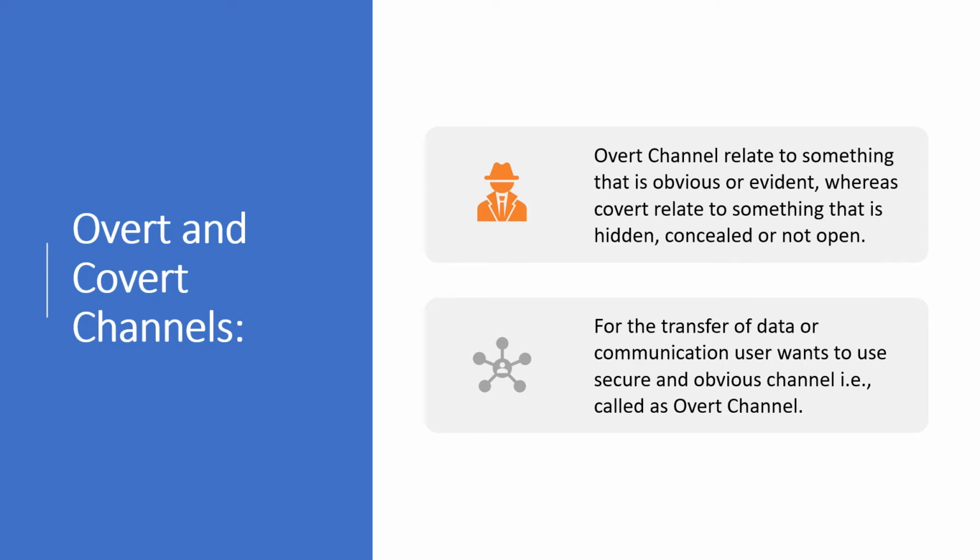A real world scenario of using a covert channel is Jeremiah Denton, a prisoner of war during the Vietnam War, who used a covert channel to communicate without his captors' knowledge. Denton was interviewed by a Japanese TV reporter, and eventually a videotape of the interview made its way to the United States.